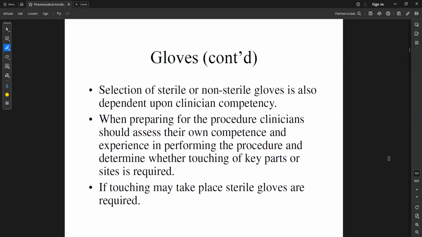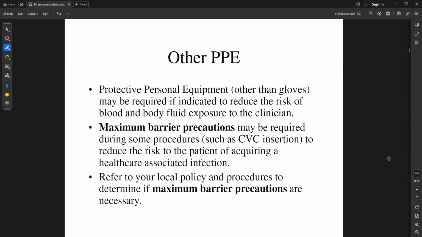Selection of sterile or non-sterile gloves is also dependent upon clinician competency. So you use your judgment to know, for this specific procedure, will I need sterile or non-sterile gloves? Other PPE may be required to reduce the risk of blood and body fluid exposure to the clinician.